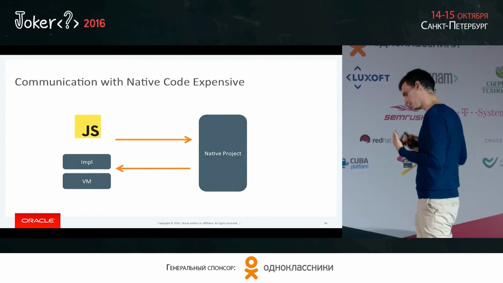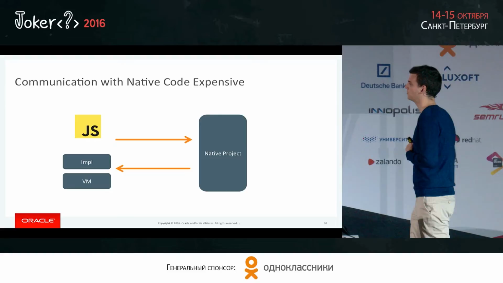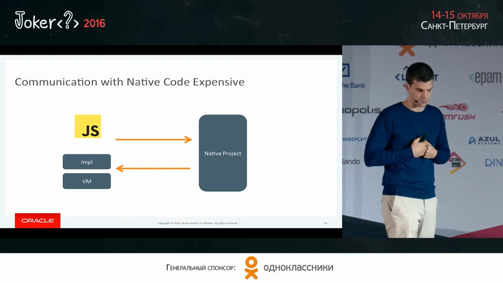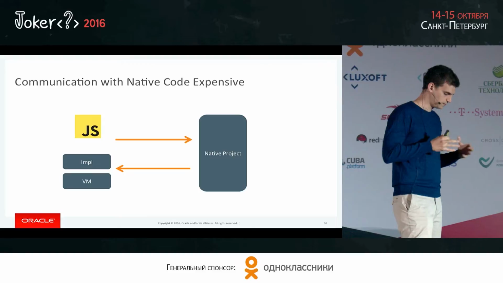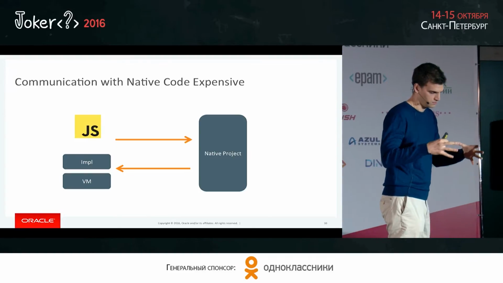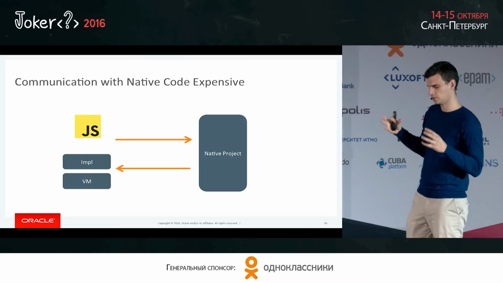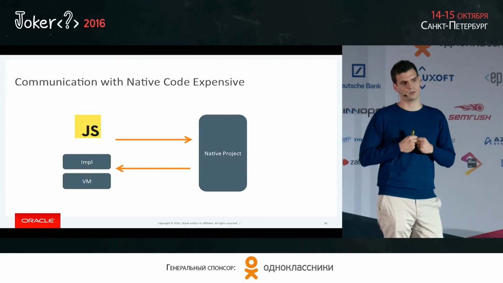And the final problem that I want to state before I start with what we do is basically the problem of communication with native code. So if any of your languages needs to be embedded into a project, right, it is very hard to do so because the VMs are usually very cumbersome and big.